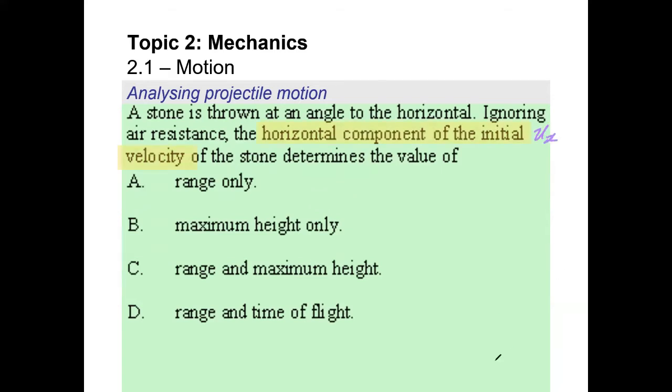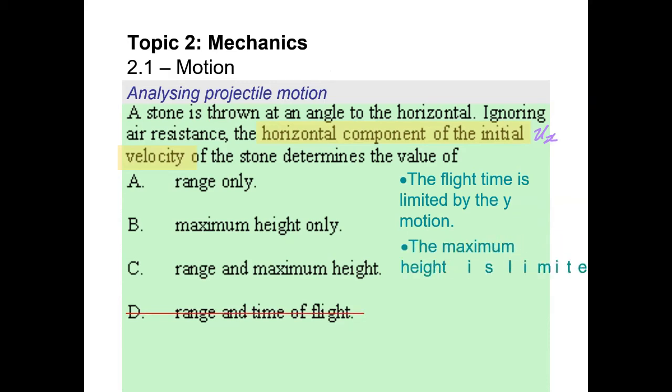A stone is thrown at an angle to the horizontal, ignoring air resistance. The horizontal component of initial velocity of the stone determines the value of sx. The flight time is limited by the y motion. The maximum height is limited by the y motion as well. We can actually prove this mathematically as well. S equals ut plus 1 over 2 at squared.